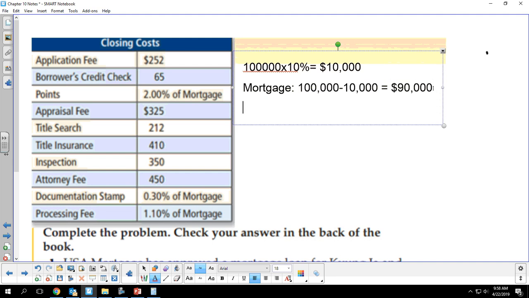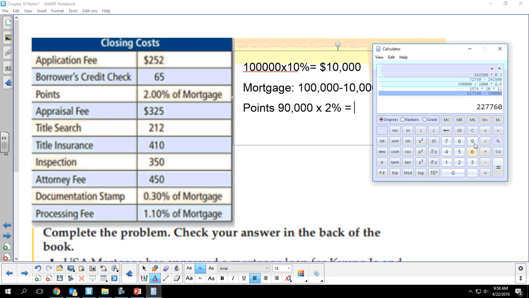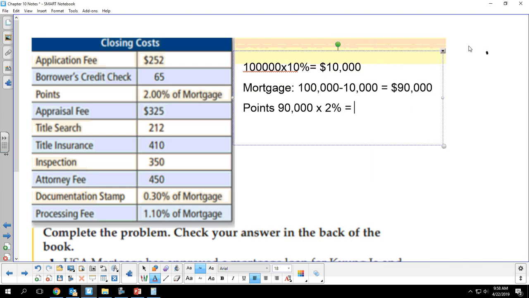So now that I have the mortgage amount, I can find the points, which is 90,000 times this 2% of the mortgage. So when we go 90,000 times 2%, it's $1,800 in points.